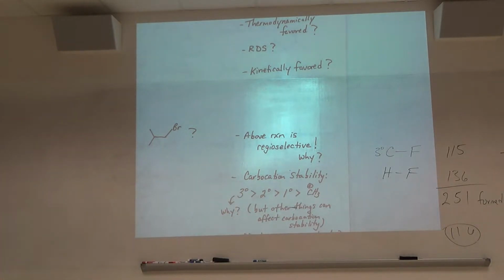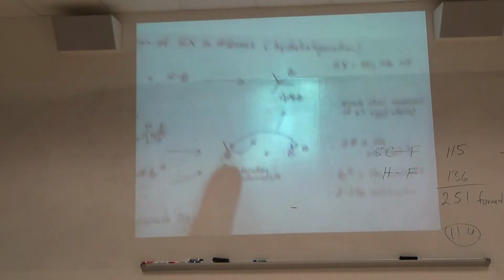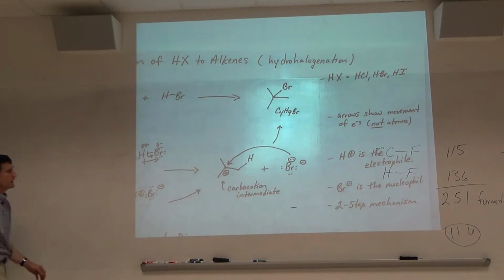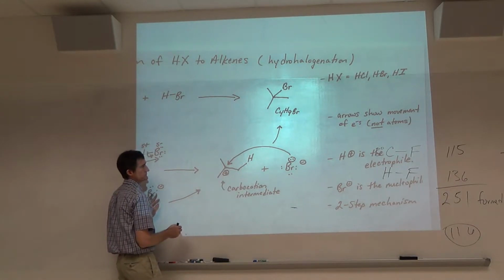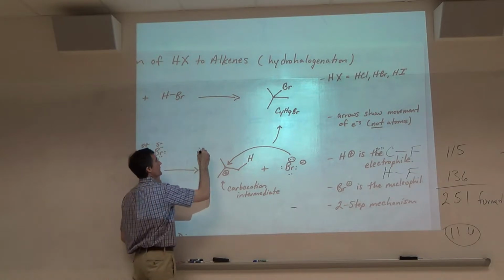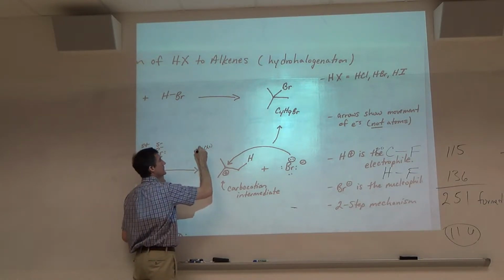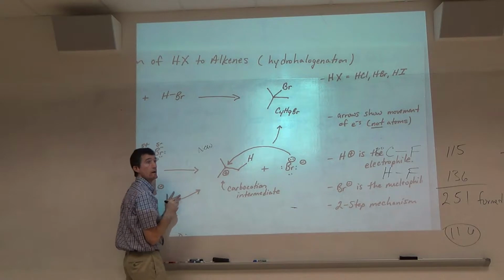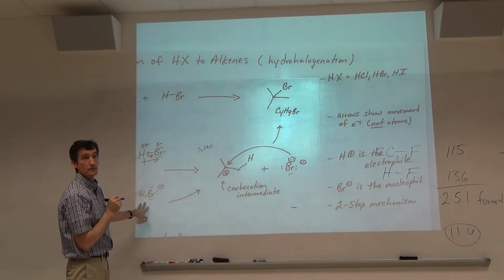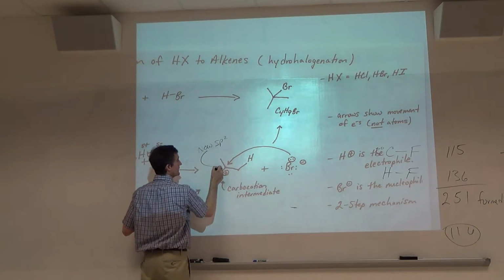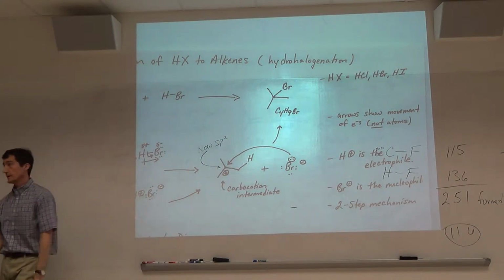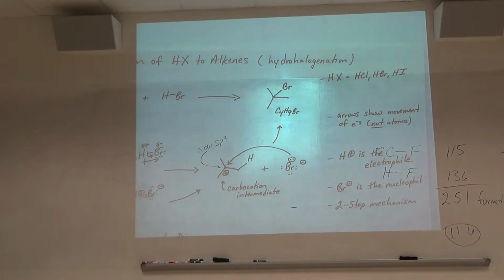Now, all of these are originally sp3 carbons. Once it becomes a carbocation, what's the hybridization? What's the hybridization of the carbon as a cation? It's now what? Joe? sp2. Now sp2. Okay? But originally it was sp3.